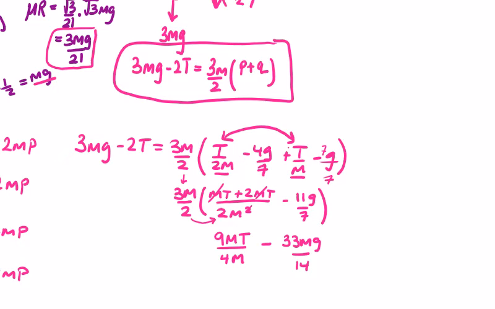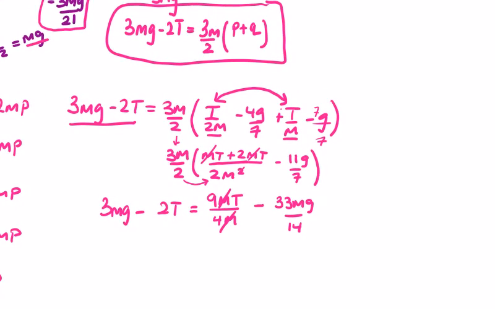And that will be equal to this guy here, 3mg minus 2T. So simplifying this, we can divide by m. So I have 9T over 4, that's 2.25T. And I'm going to add 2T to it by bringing this to the right.